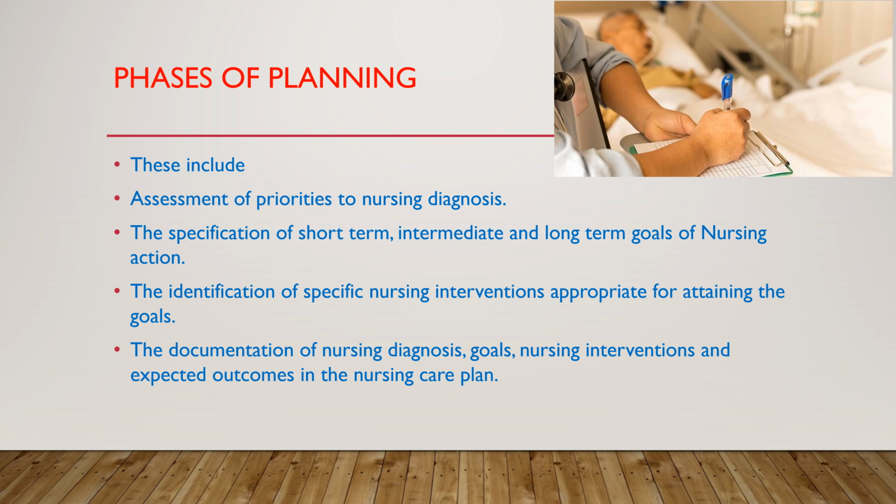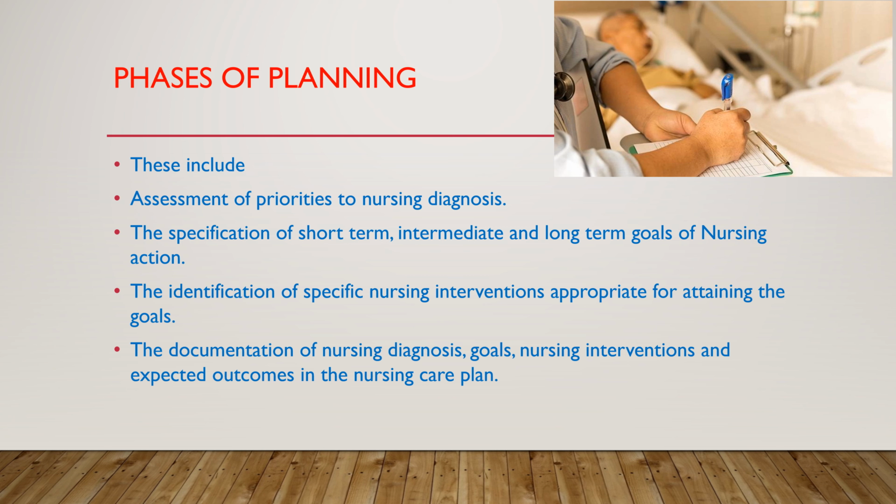In every planning phase, you have to assess the priorities. In the previous step, the second step of the nursing process, you have already framed the nursing diagnosis of the patient. Now in this phase you have to again assess the priorities, which diagnosis needs to be intervened first, and specify the short term, immediate and long term goals of the nursing action.